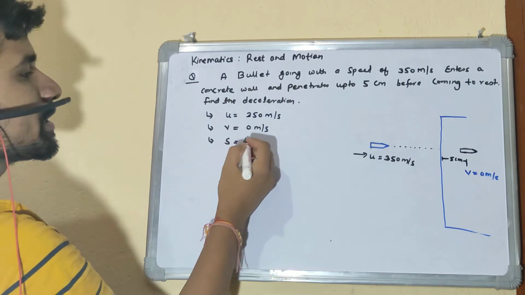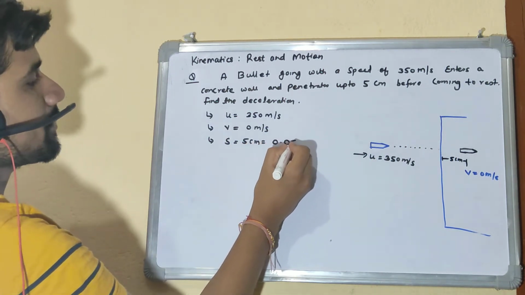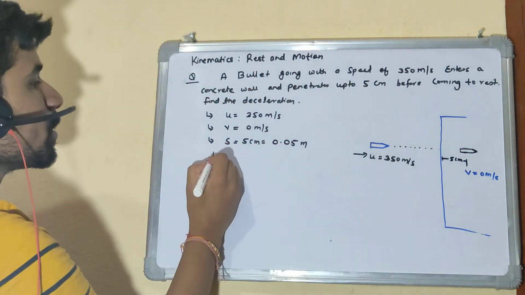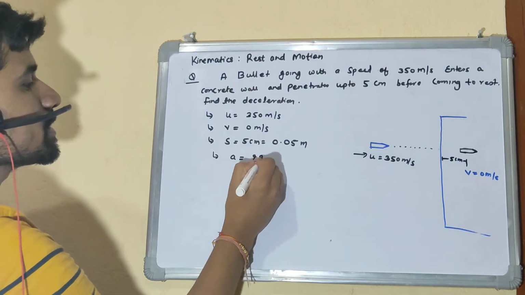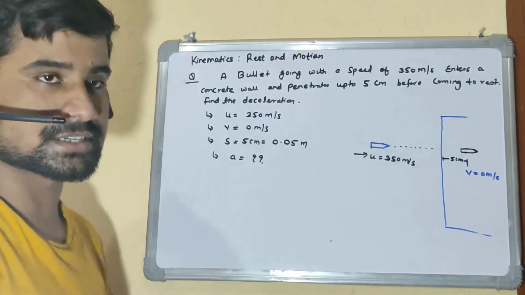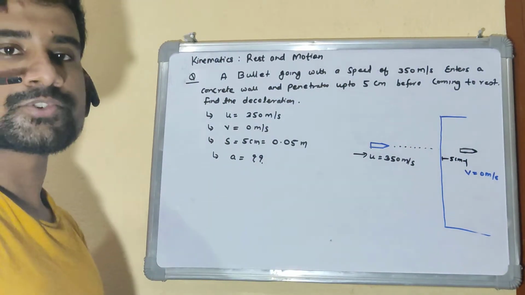Distance traveled by the bullet is 5 centimeter, which is nothing but 0.05 meters, right? Let's talk in SI units only. We need to find what is acceleration, or in this case, deceleration, or retardation.